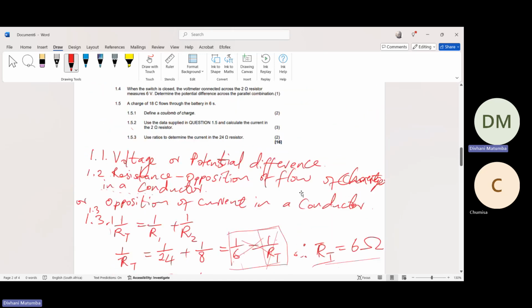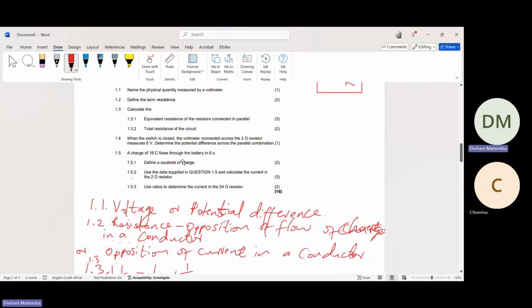That's perfect. Okay. Now, when the switch is closed, a voltmeter connected across the 2 ohm resistor measures 6 volts. Determine the potential difference across the parallel combination.